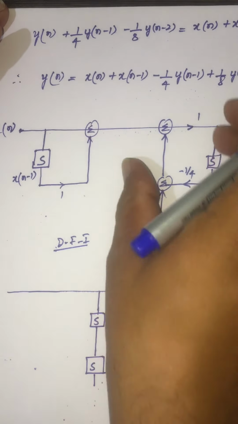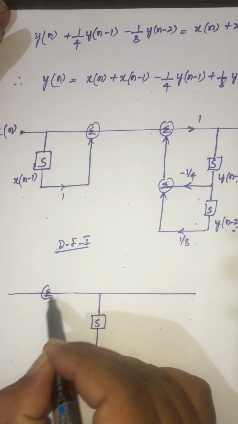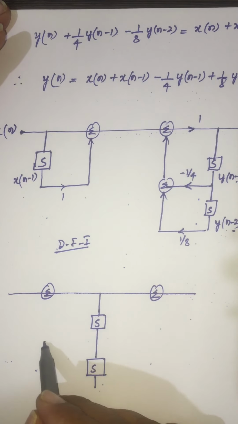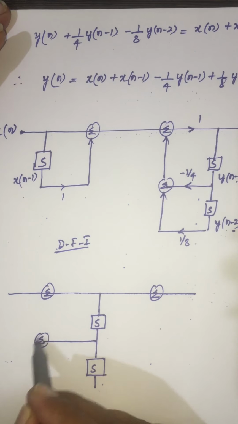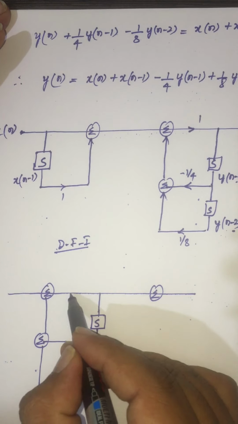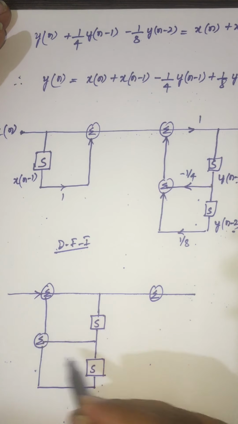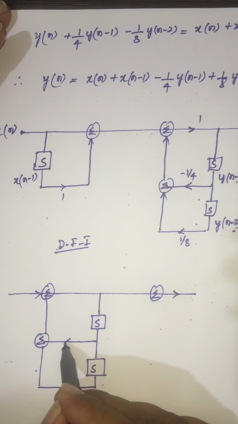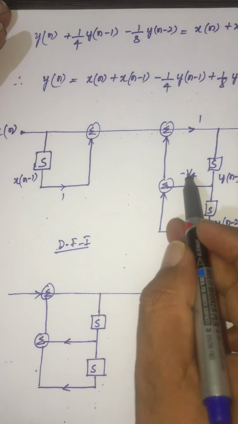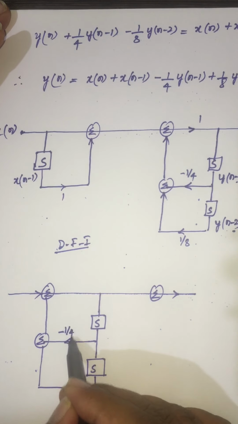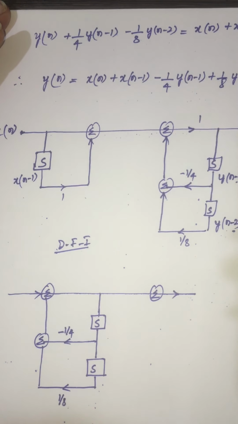And towards this side it is this block, therefore one summation should be here and one summation needs to be present over there. Now there are two outputs from each delay element. This is towards the mainstream and this is also towards the mainstream, right? And these two are moving towards the left side, therefore the coefficient here is minus 1 by 4 and the coefficient here will be 1 by 8.